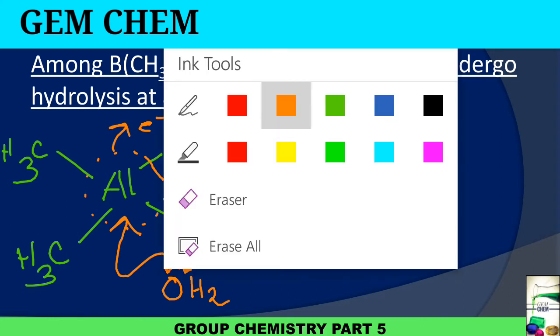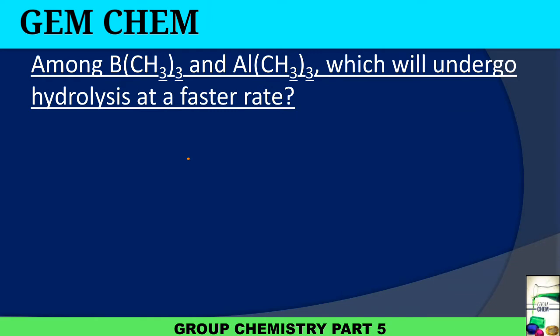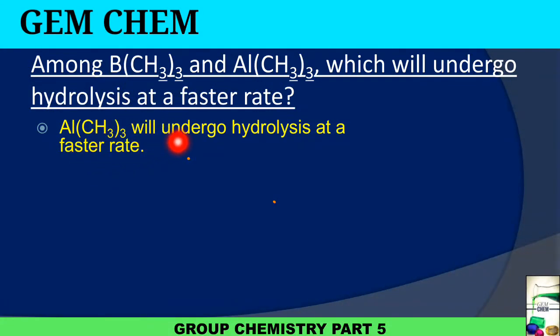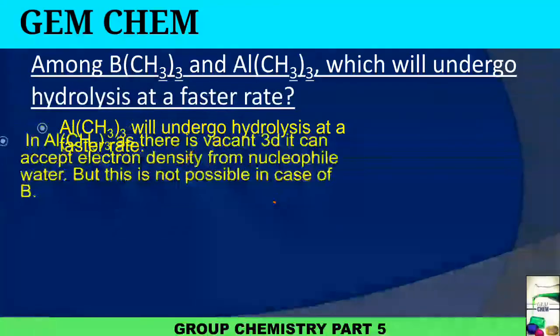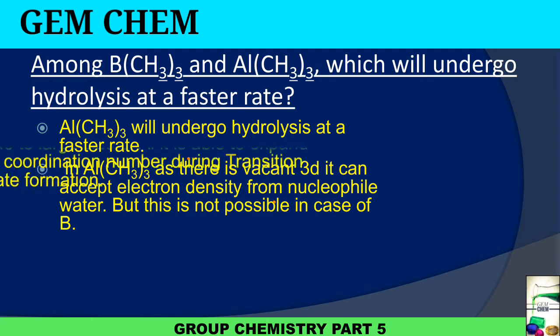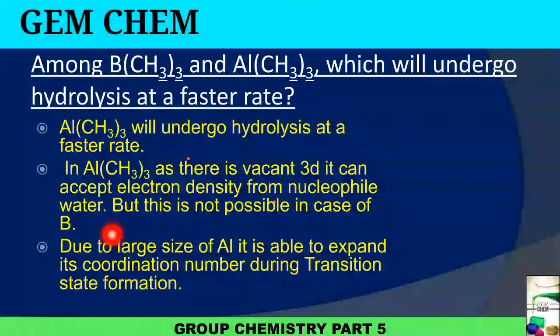So ultimately we can say that AlMe3 can undergo hydrolysis faster. In this case there is a vacant 3d orbital and it can accept electron density from the nucleophile water, but this is not possible in case of boron in BMe3, whereas due to the large size of aluminium, it is able to expand its coordination number during transition state formation.